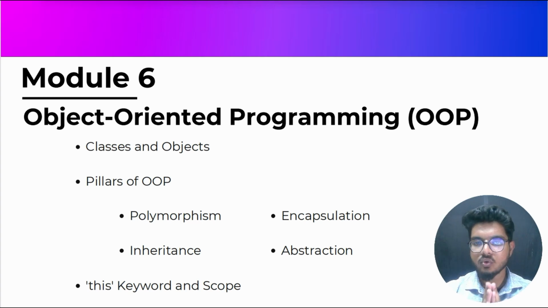Object-oriented programming. The OOPS concept is the same in Python, Java, JavaScript, C++, in all the programming languages. These concepts are one and the same. There are 4 pillars of OOPS: polymorphism, encapsulation, inheritance, abstraction. It is an overall structure in which different programming languages use different syntaxes. That's the only difference.